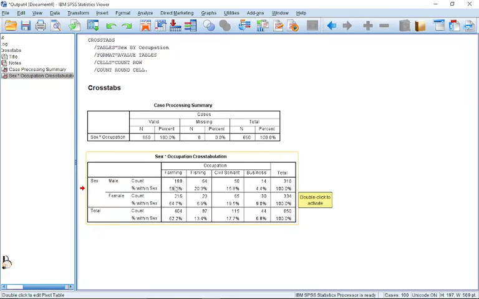And one good thing again, the percentages within the males tell you that, okay, out of these 316, the 188 here represents 59.5%. Yes, because if you look at 188, this is almost more than half of 316.